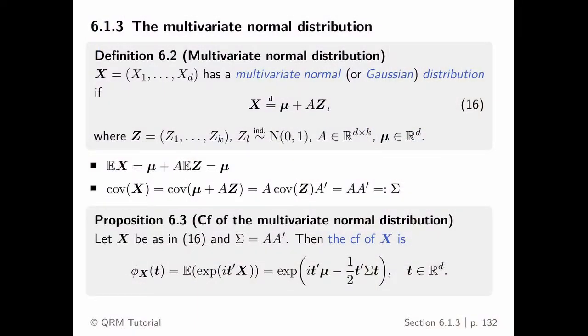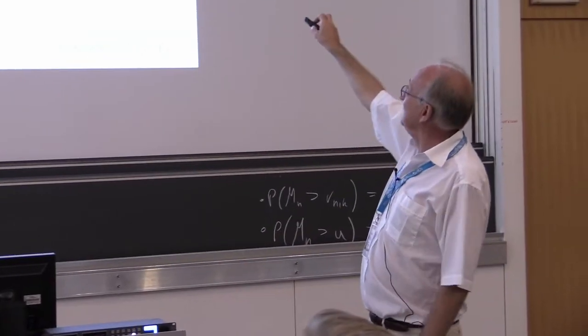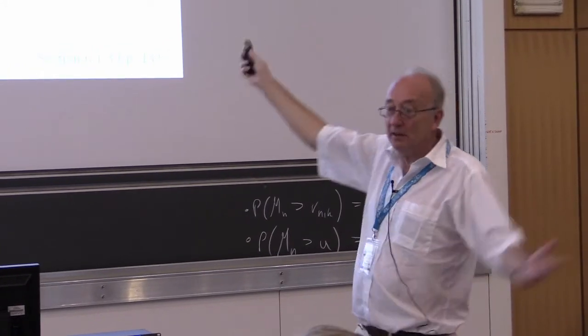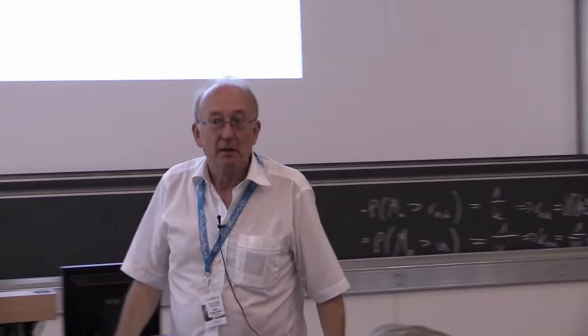So if you start with this definition, which is a trivial one to simulate from, because I can simulate this: Frank gives me his sigma, I do Cholesky decomposition, I find A and A prime, I pre-multiply Marius's IID Gaussians, generated by inversion, I have this vector, I know this from Cholesky, and I'm done. You just add the mean.